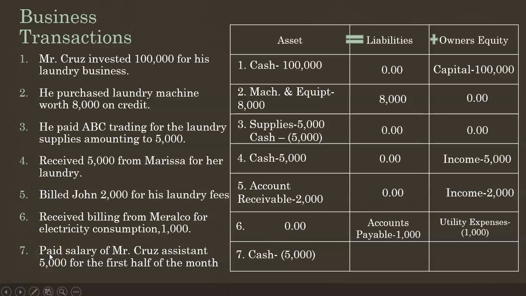Meaning to say, you already paid him. You did not put the salary on credit. What is the contra account of this? Number 7, do you have a liability? Of course, no. Salary expense. So, assets are negative 5 and owner's equity is negative 5. Meaning to say, still equal. Let us try transaction number 8.